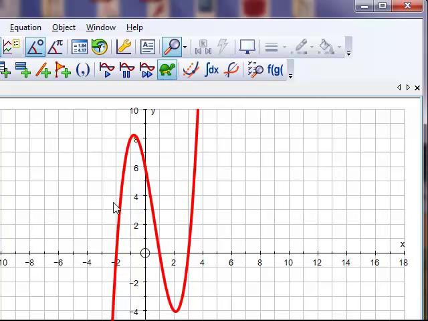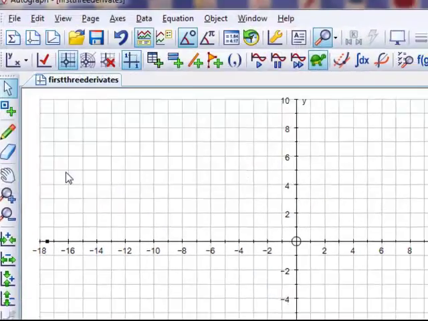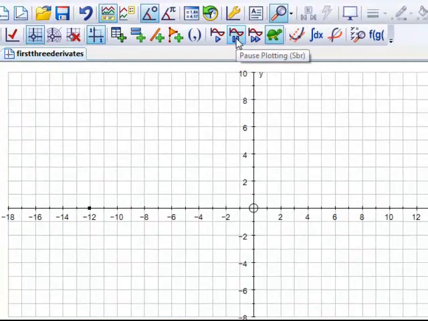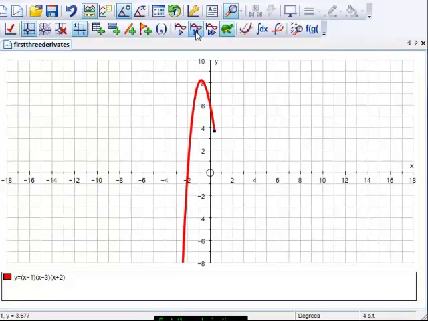So if I click that and I double click that to show you, that's what would happen, and then you press OK, and you can pause and discuss where it intersects the axes, which way it's going up, and there we go.